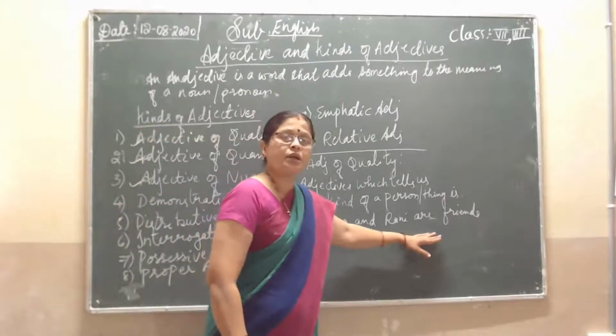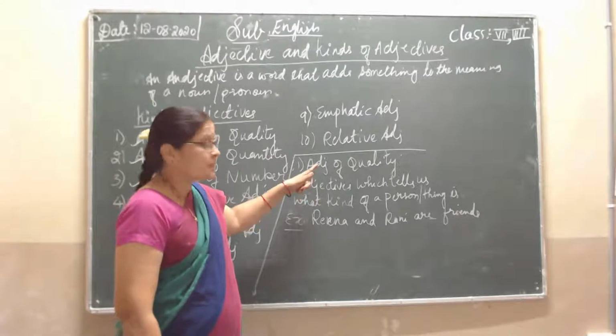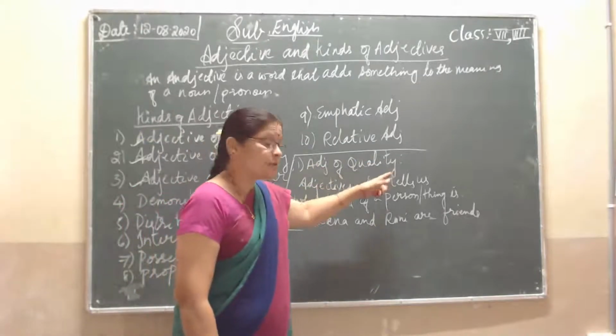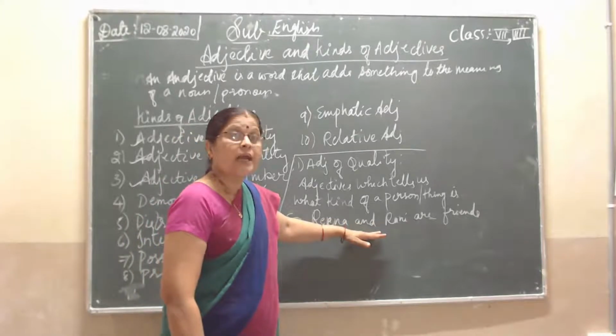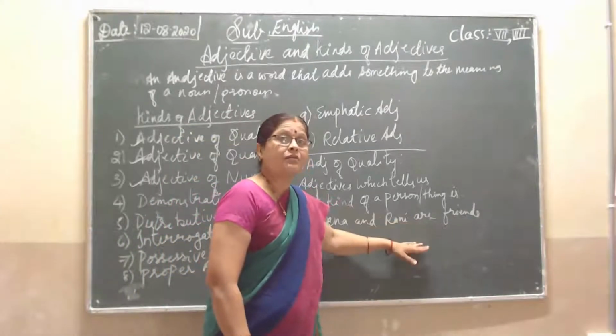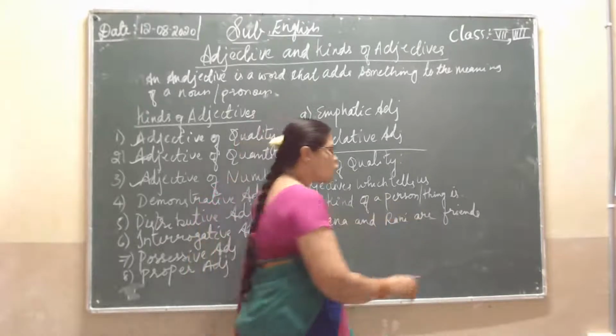This is a very simple common sentence, but where there we have to add the adjective. That is the adjective of quality here. We have to express more about Reena and Rani. What kind of a friendship they have? They have a close friendship. Reena and Rani are close friends.